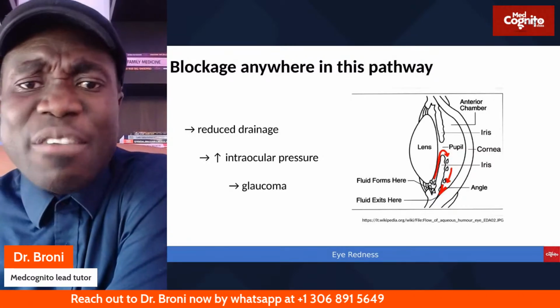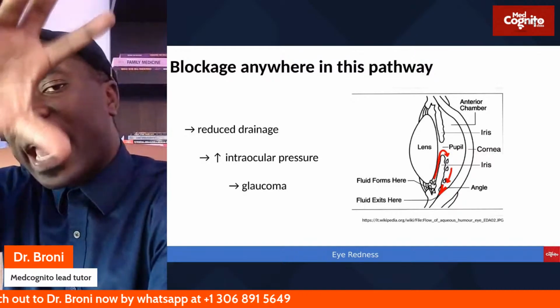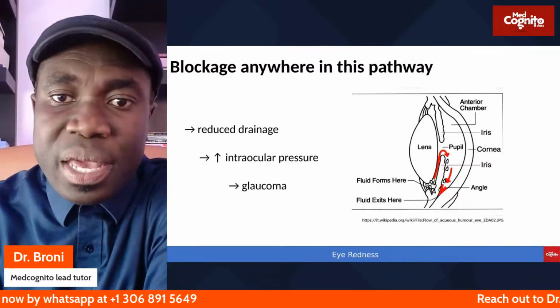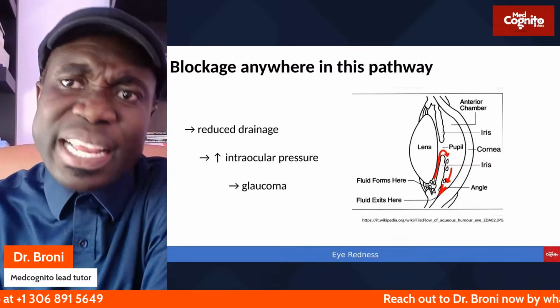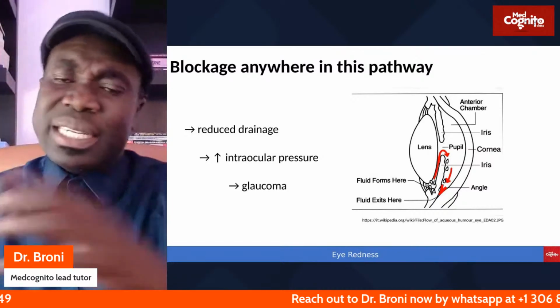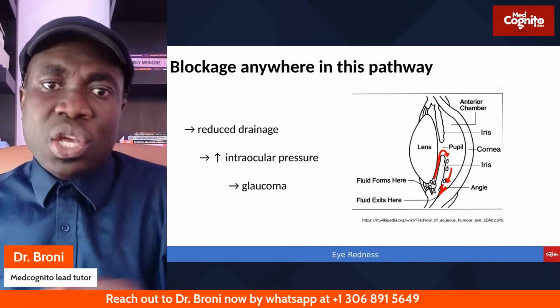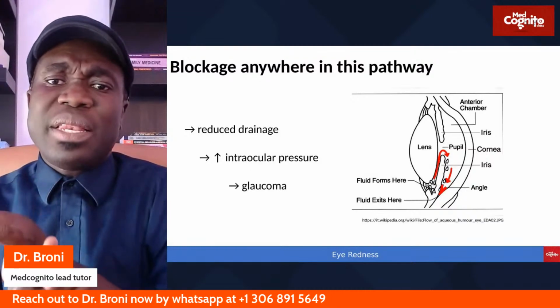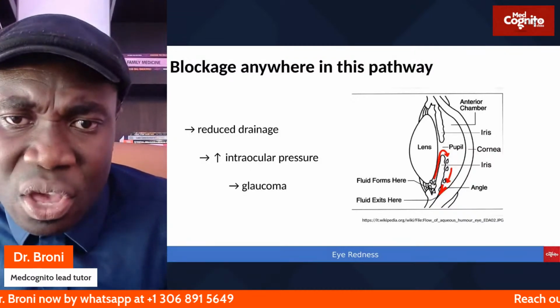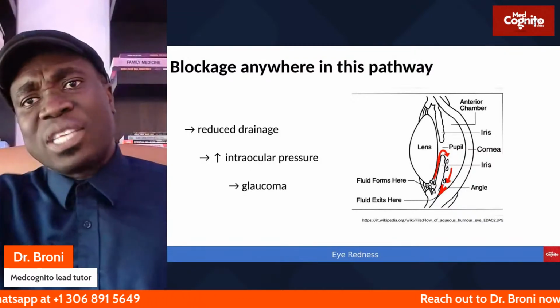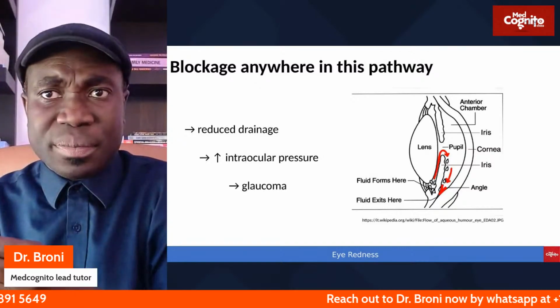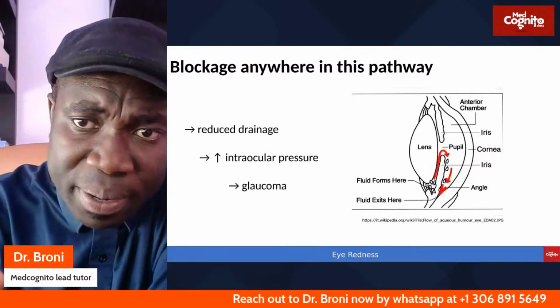You realize that a blockage can occur anywhere, right? Assuming the drainage is not enough, there can be accumulation of excessive aqueous humor. That's number one. Number two, assuming the path of the fluid is also decreased, there's also a problem.